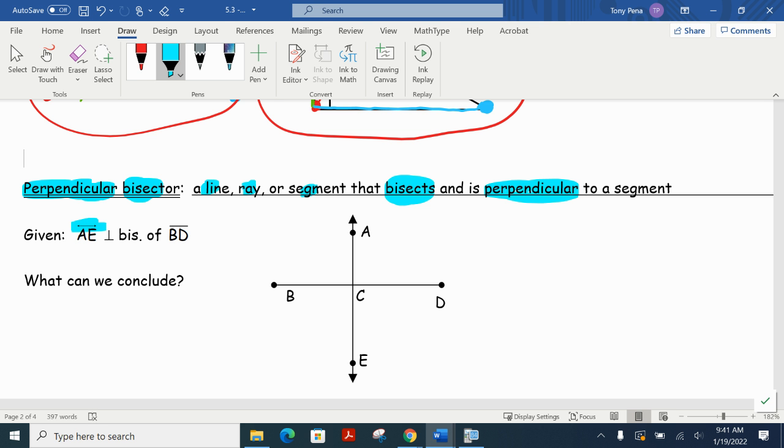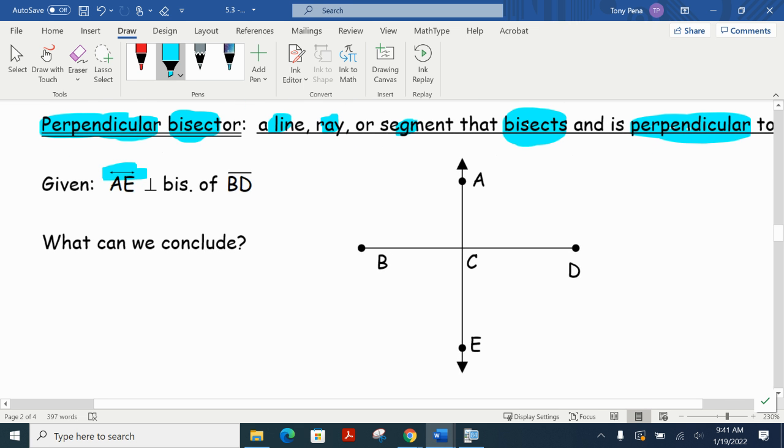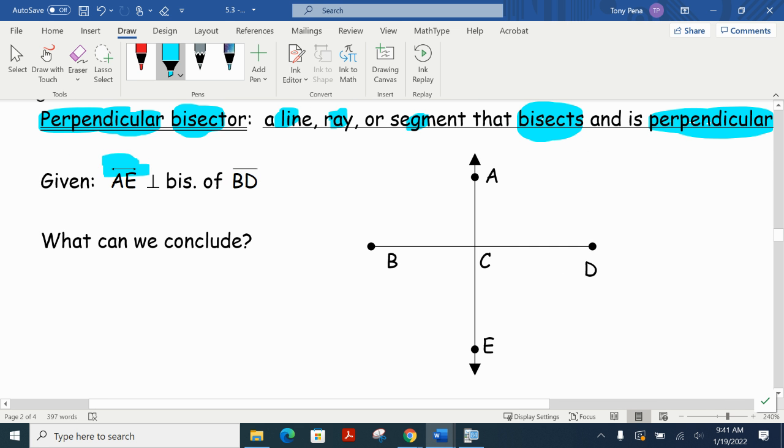Now that we have arrows, you can't really see this, I can't make this bigger. All right, so the arrows right here mean this is line AE. So this is alluding to this line right here, AE. And then you're going to see this symbol here. We talked about how that symbol means perpendicular. So the line AE is the perpendicular bisector of BD.